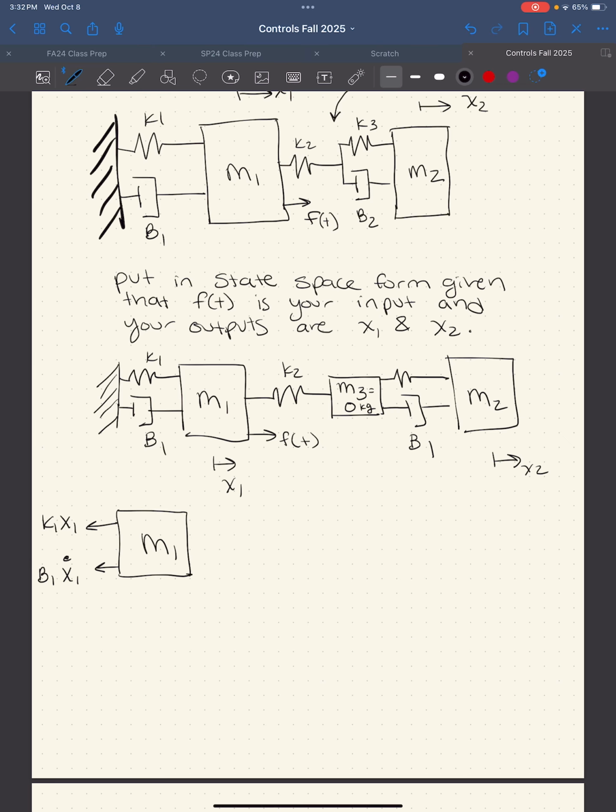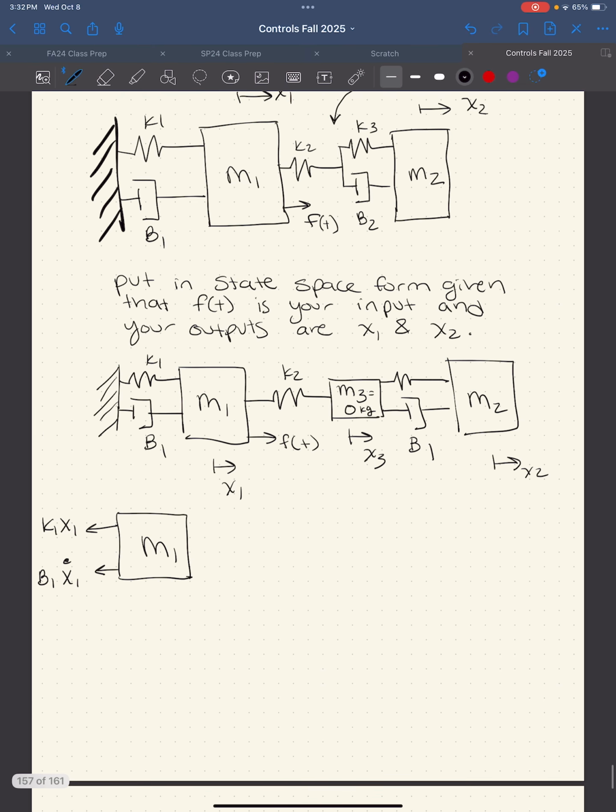If I pretend that m3 cannot move, if I move in the direction of x1, then this k2 spring is going to be put into compression, and it's going to push back on m1 with a value of k2 x1. But then if x3 is allowed to move, it will relieve the compression on that spring, and so I want to subtract it from my initial force. Don't forget your external force there.